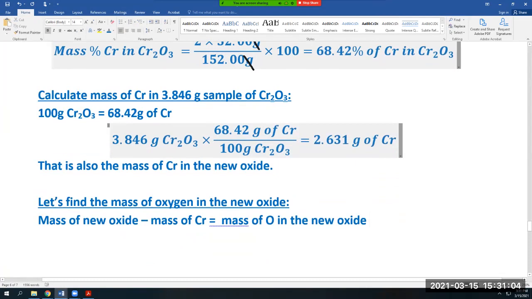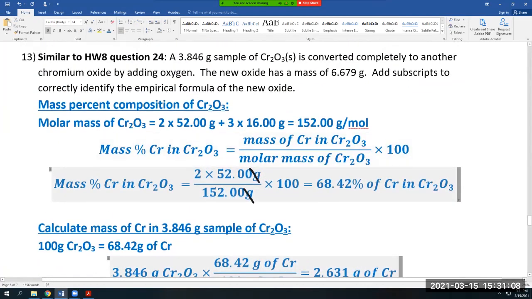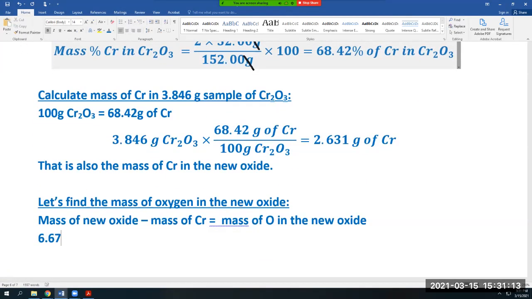So the mass of the new oxide is 6.679. So 6.679 grams minus the mass of chromium we just calculated, 2.631 grams of chromium equals, and the difference will be the mass of oxygen.